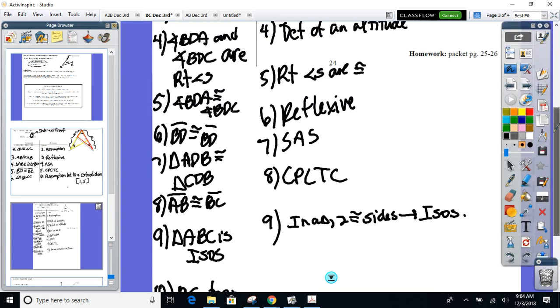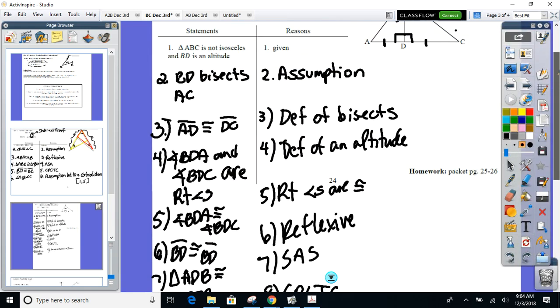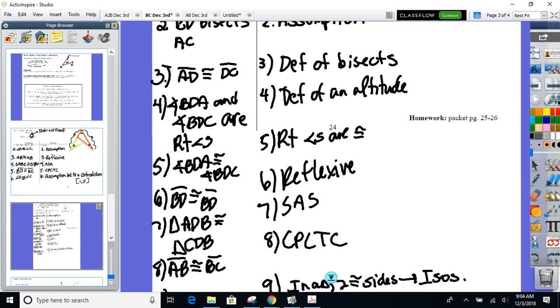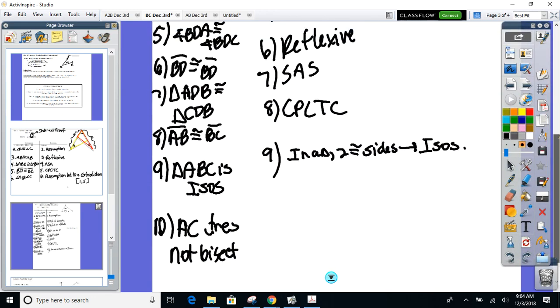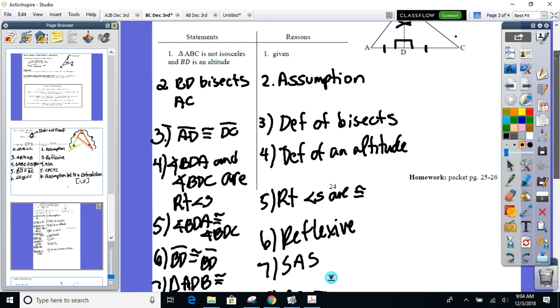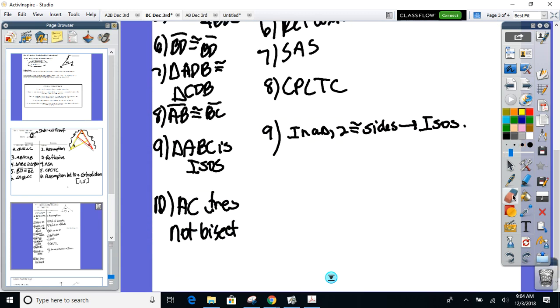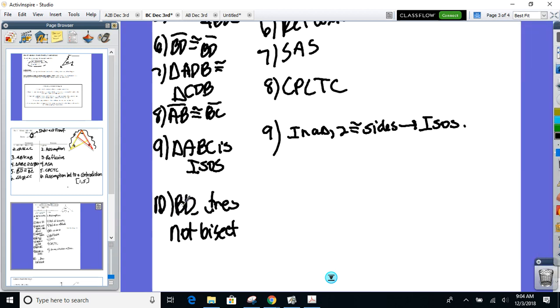This thing is long. I know. Should have been BD. And then same last reason, assumption led to.